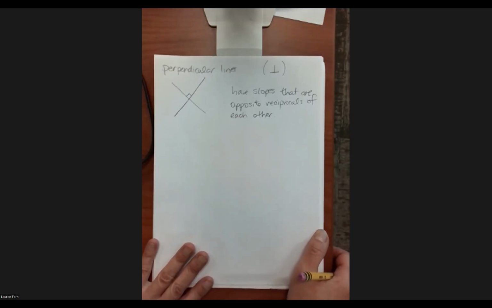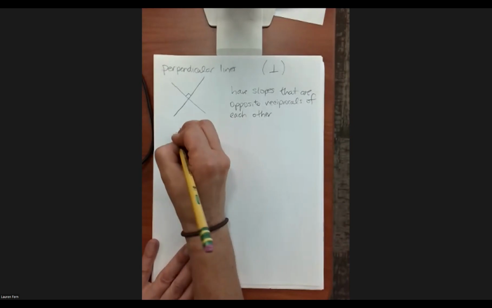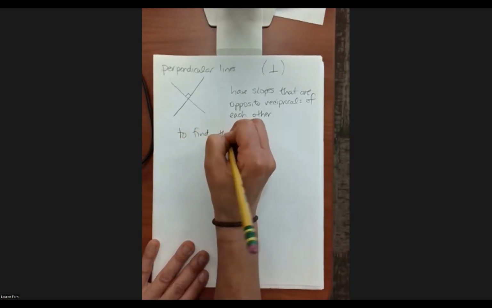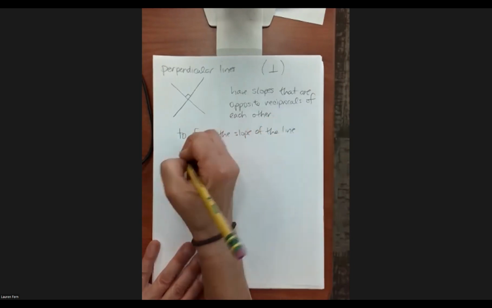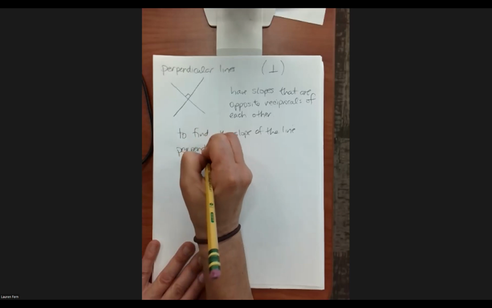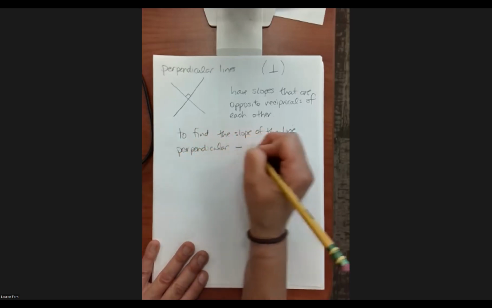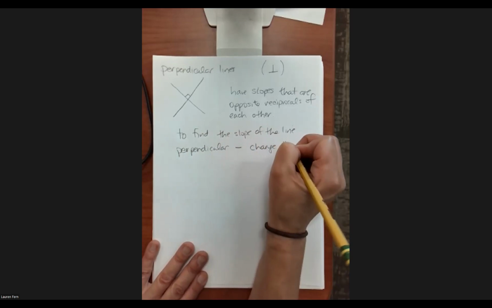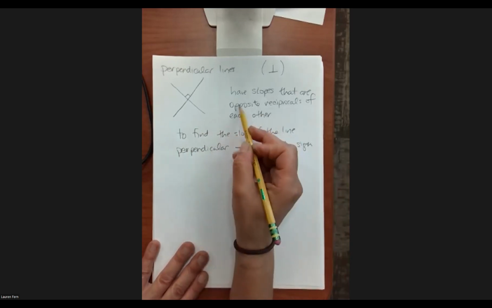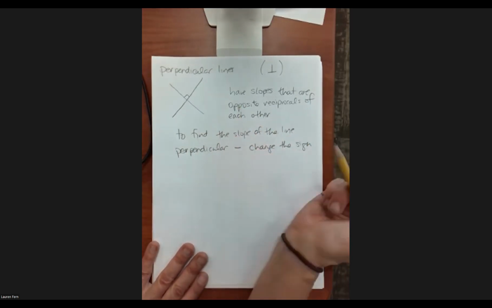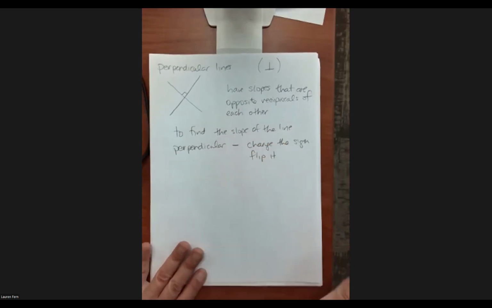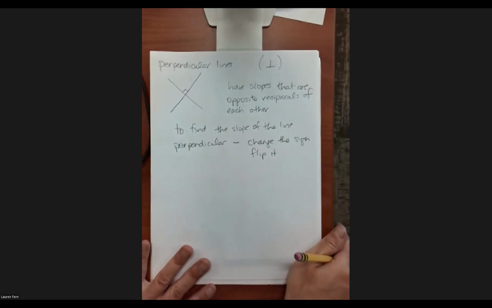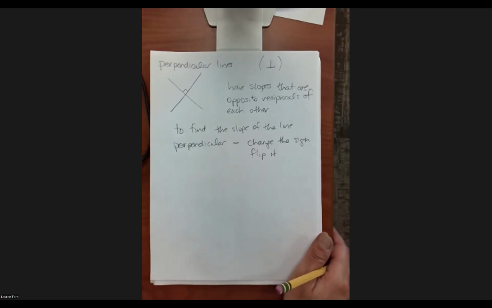If you have the slope of one line, to find the slope of the line perpendicular, what you do is you change the sign. That's what opposite means. Positive, negative, negative, positive. And then you flip it. Okay, because reciprocal just means you flip your numerator and denominator.